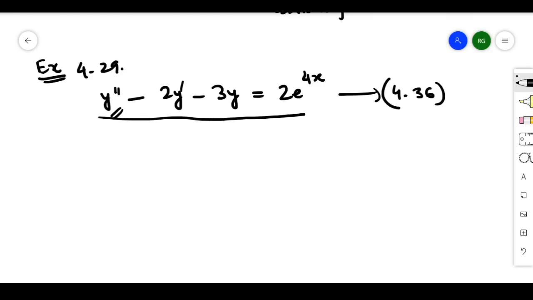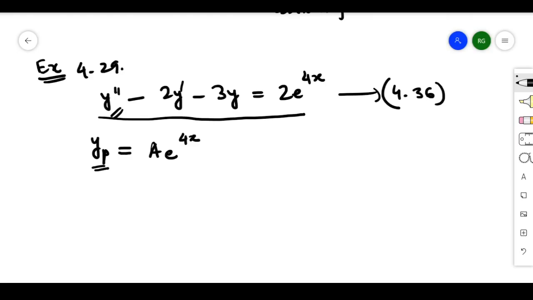So it is reasonable to take the particular integral yp in the form a e^(4x). Why is it so? Because if I put yp = a e^(4x), then if I differentiate yp twice, and from that subtract 2 times its first order derivative and 3 times itself, that will result in a function of the type 2e^(4x).